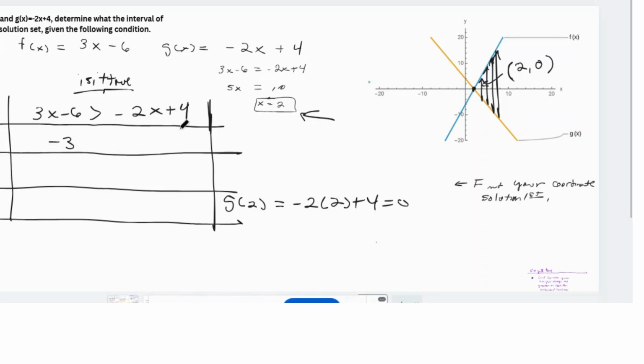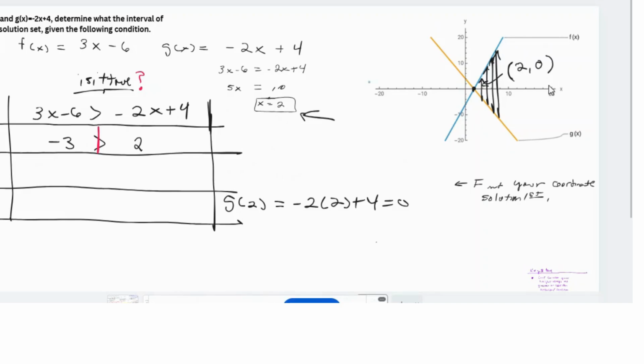And then over here, 2 times 1 plus 4 is positive 2, right? Is negative 3 greater than positive 2? Is that true? No. So then we strike a line through it. One isn't going to work.